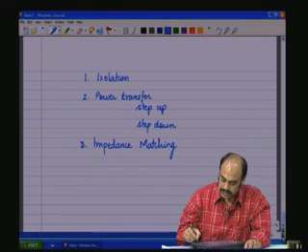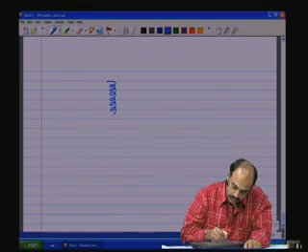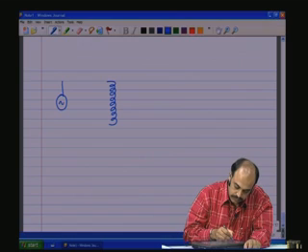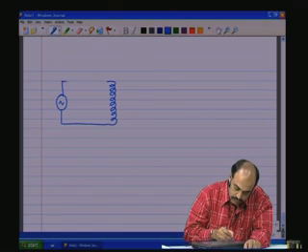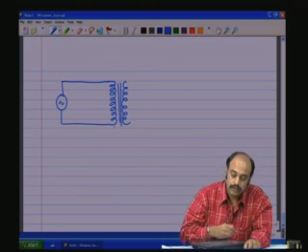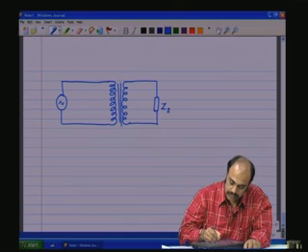What I mean by this is, if you have a transformer and we have the source, the core like that, and let us say we have an impedance Z2 here.